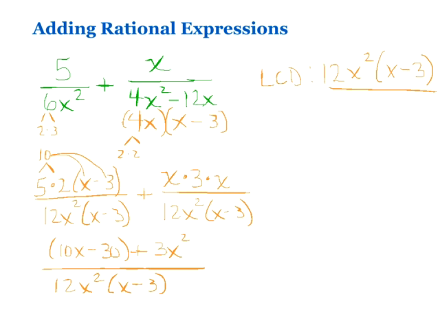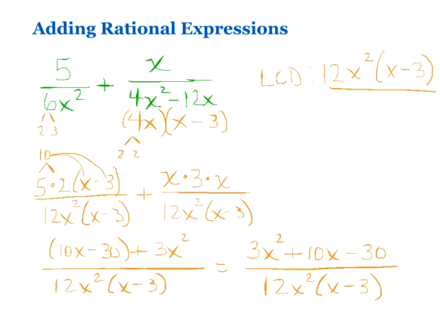Okay, and so now all we need to do is combine the numerator. Since the parentheses don't actually change the order of operations at all here, I can rewrite this quadratic numerator in standard form, meaning the 3x squared should go first, and then we'll have plus 10x, and then minus 30, all over 12x squared times x minus 3. Now remember, our final step is that we need to check to see if this can be simplified.